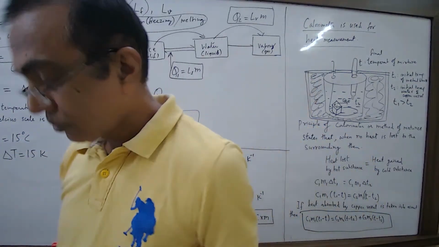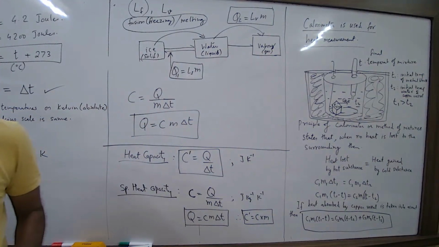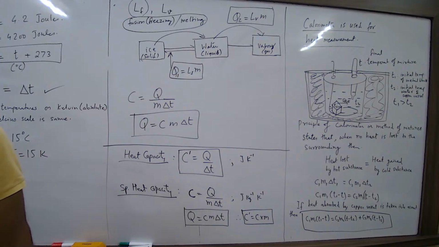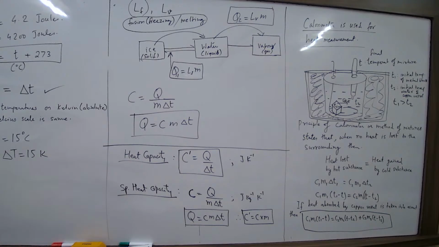Question number 2. There are two parts, A and B. Is it the same question in your book also? Calculate the heat capacity of the copper vessel. So you have the formula on the board. Heat capacity, this formula. So do it.